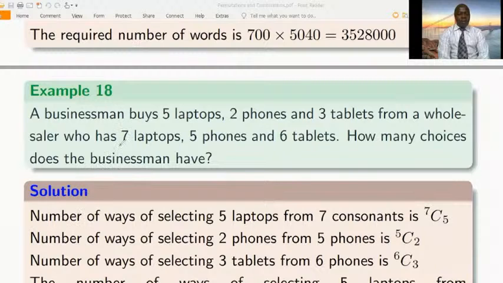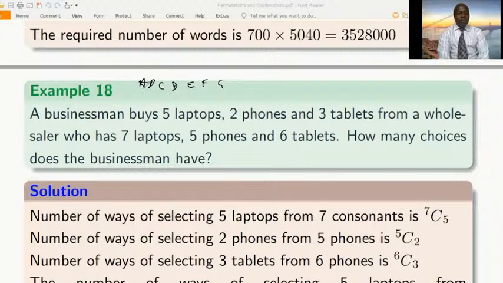Because we are just asking, out of 7 laptops, let me say A, B, C, and you want to buy 5, how many choices do you have? If you have A, B, C, D, E, F, G, 1, 2, 3, 4, 5, 6, 7, these are the laptops.